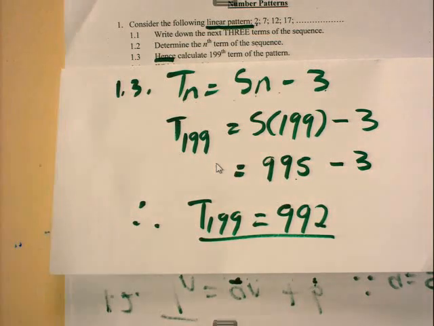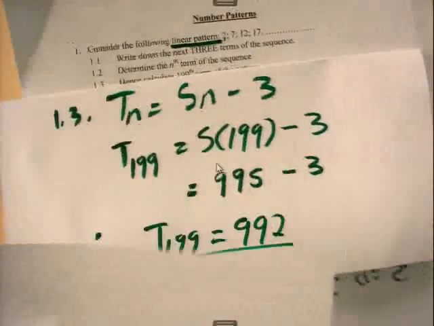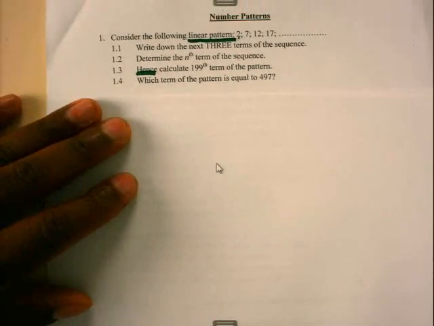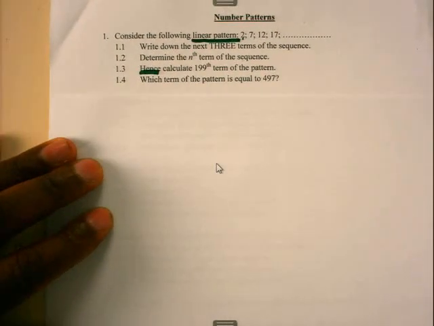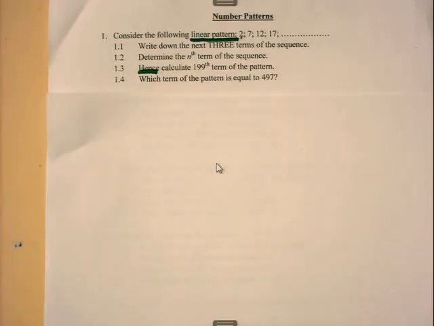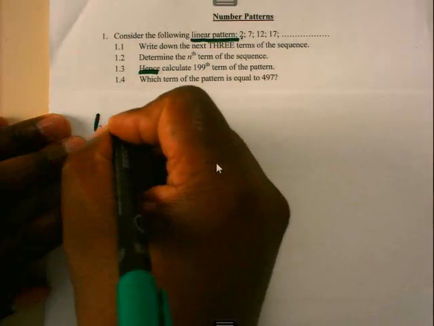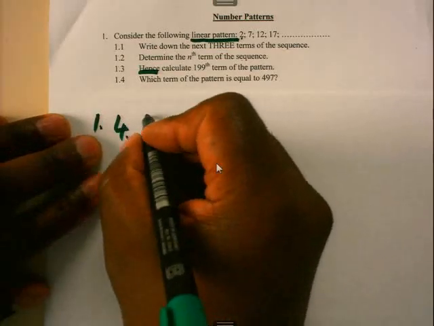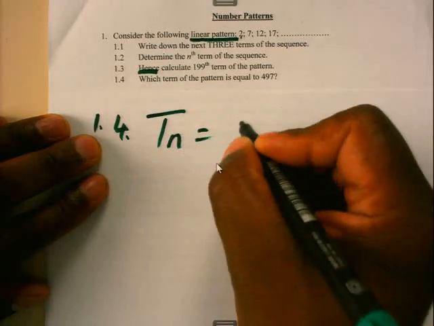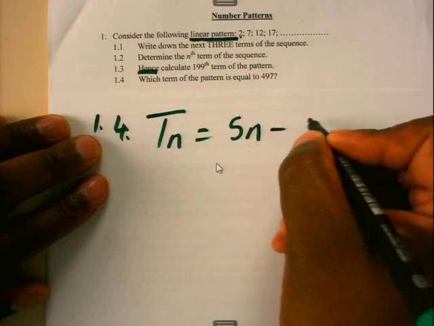Let's check 1.4. Which term of the pattern is equal to 497? Remember, from 1.2, our nth term is equal to 5n minus 3.